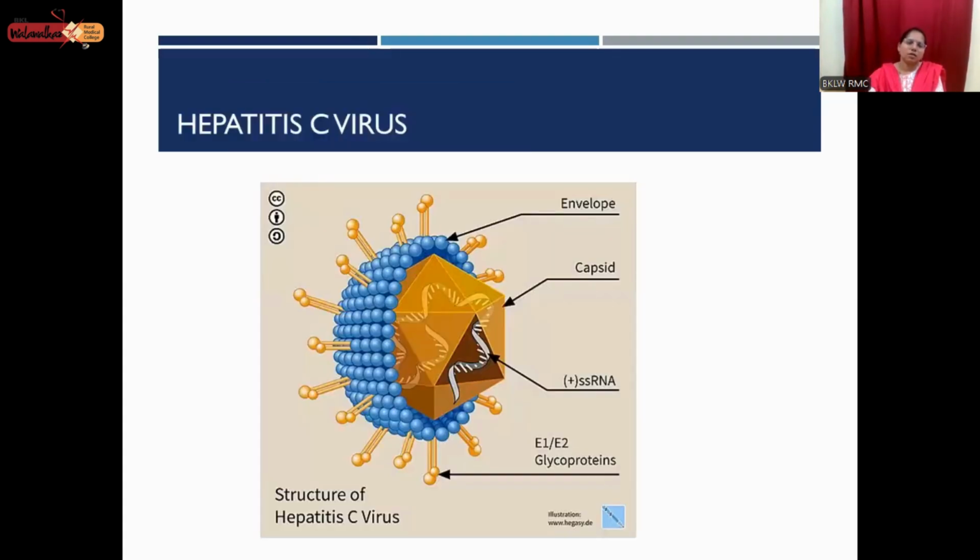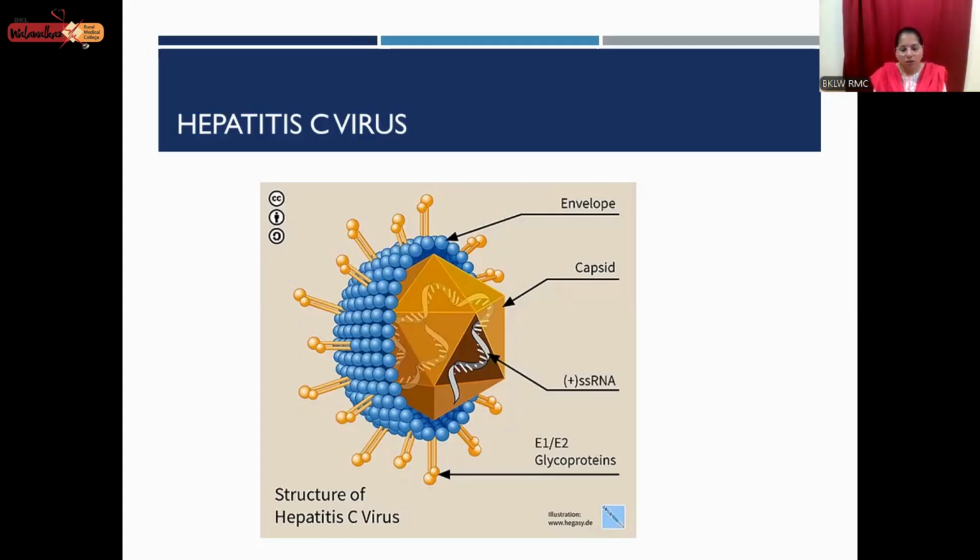Lastly, the antiviral drugs covering the hepatitis C virus. You can see the structure of hepatitis C. It has envelope proteins E1 and E2, which are glycoproteins, and centrally a single-stranded RNA. The non-structural proteins are grouped into NS2, NS3, NS4A, 4B, 5A, and 5B.